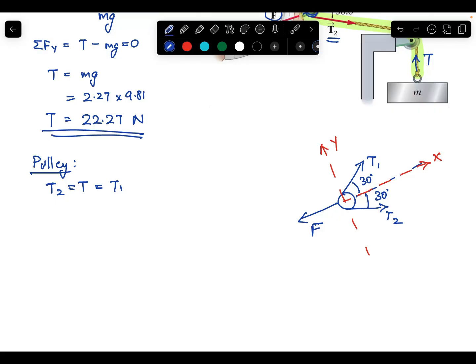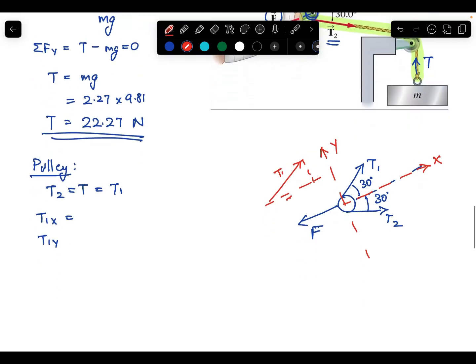So first thing I'll do is find the components of T1 in the x and y direction. So drawing the triangle, this is T1, this is that, and this is 30 degrees.